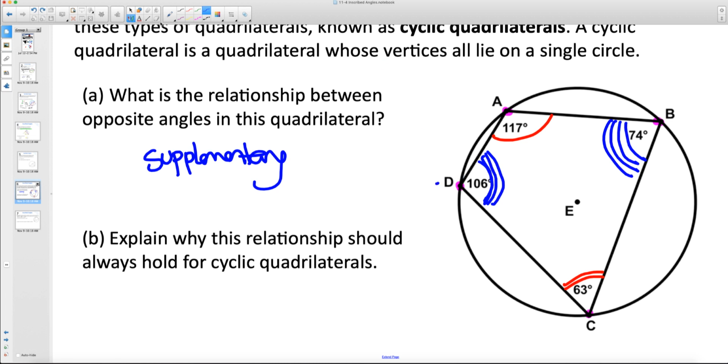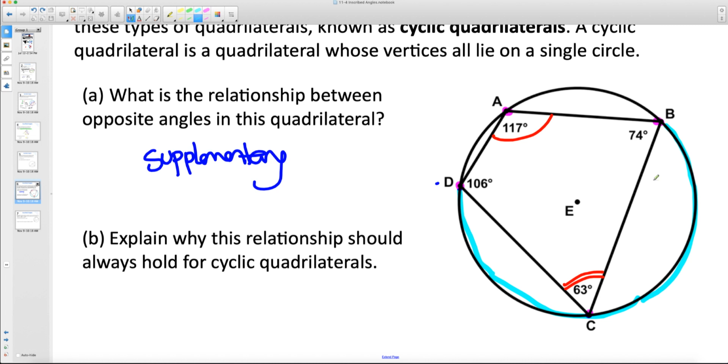Well, let's take a look at these red angles for a moment. Angle A is an inscribed angle, and it intercepts this arc here.